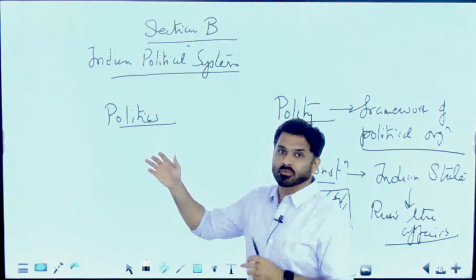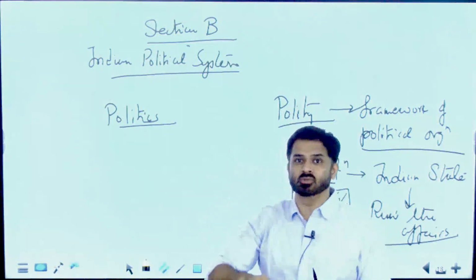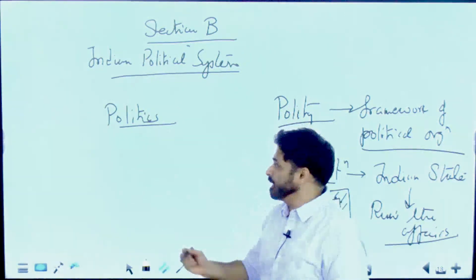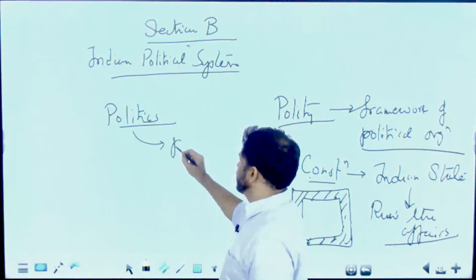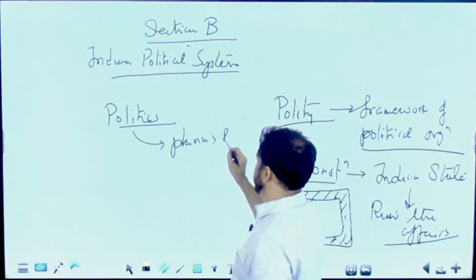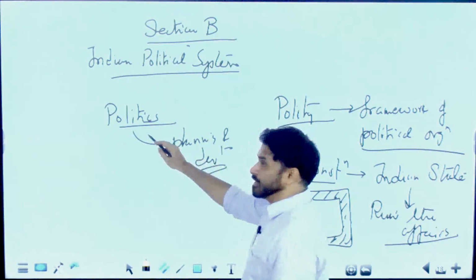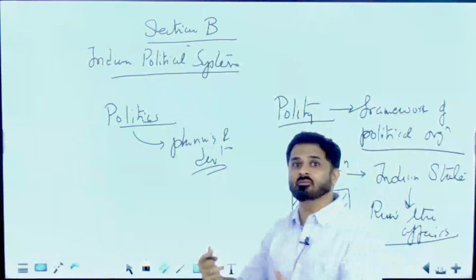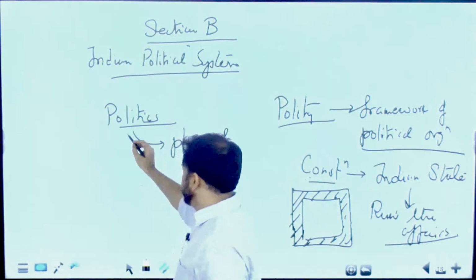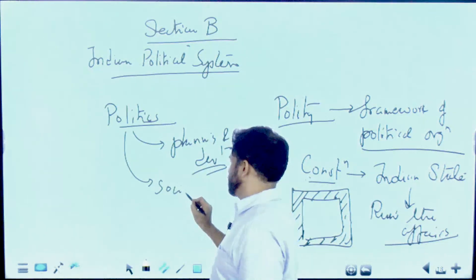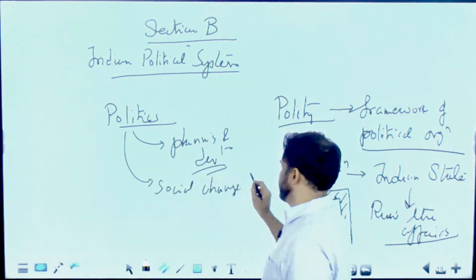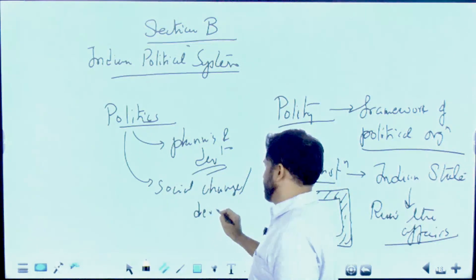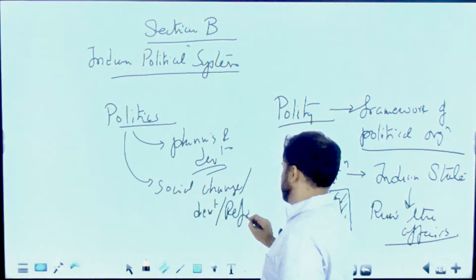After that, we will be studying issues related to politics. There will be issues related to planning and development, because politics is connected with economics and with the entire process of development. Politics is connected to social change, and to social development or reforms also.